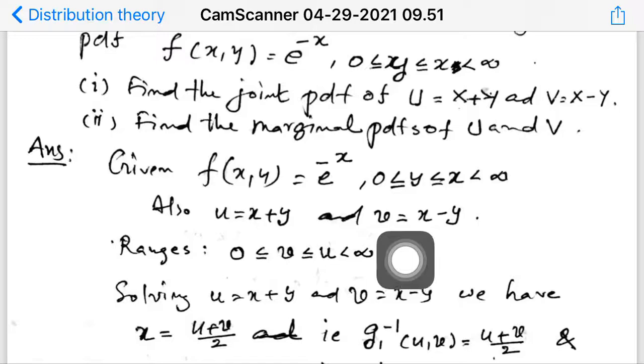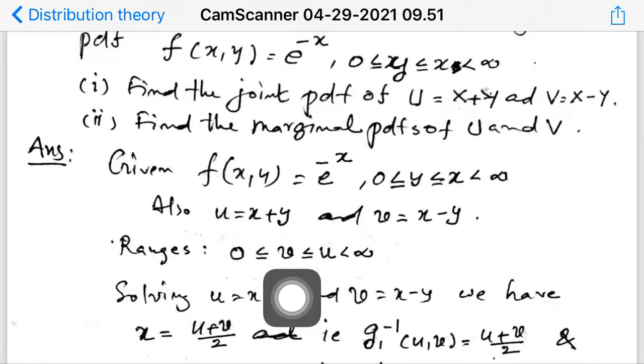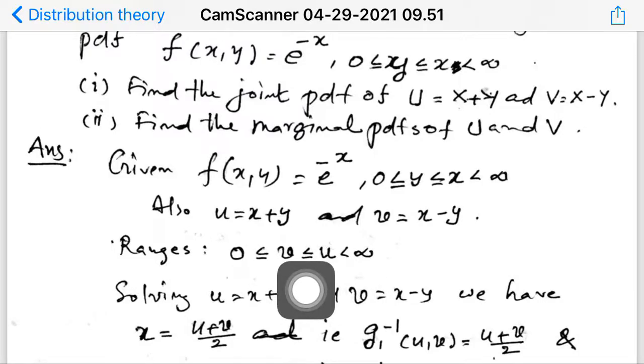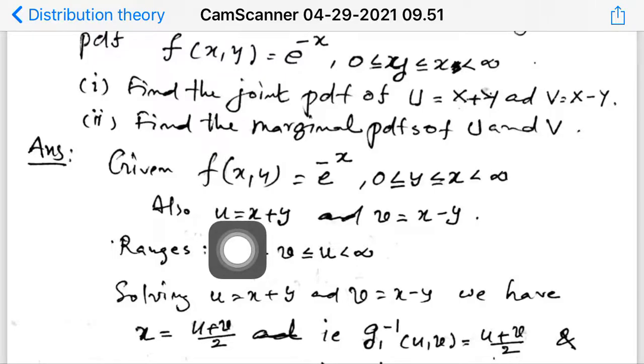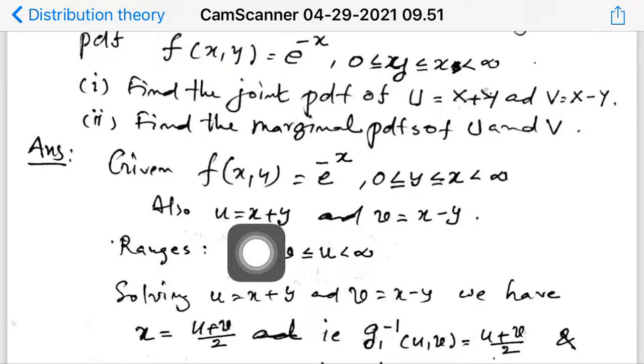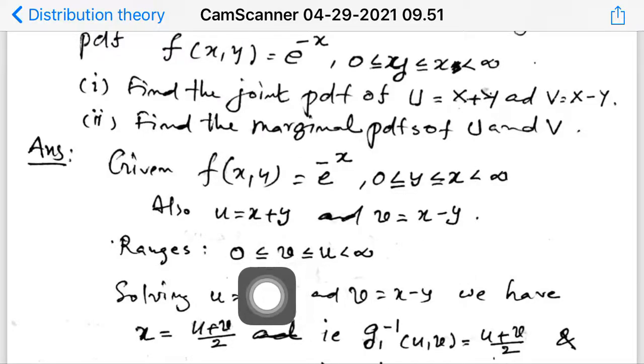But since v is equal to x minus y, you cannot have both u and v varying freely from 0 to infinity. There will be a restriction of this kind, v less than or equal to u, because u is always greater than or equal to v, because of x plus y and x minus y. So you have found the range of the transformed variables u and v.